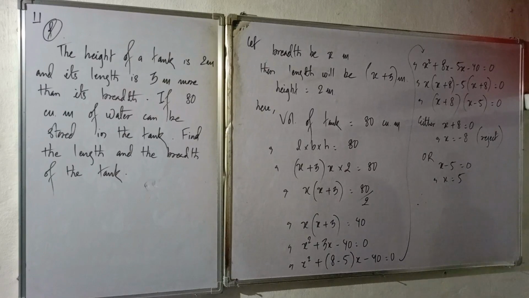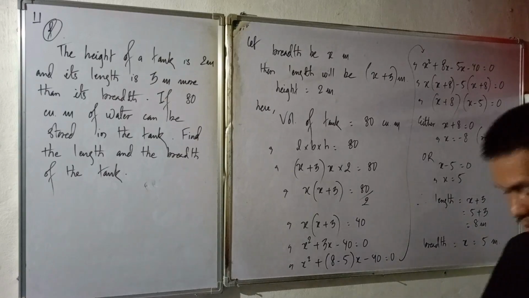Therefore we have been asked the length and the breadth. Therefore length will be x plus 3, 5 plus 3, which is 8 meter, and breadth will be x, that is 5 meter. And this is the answer.